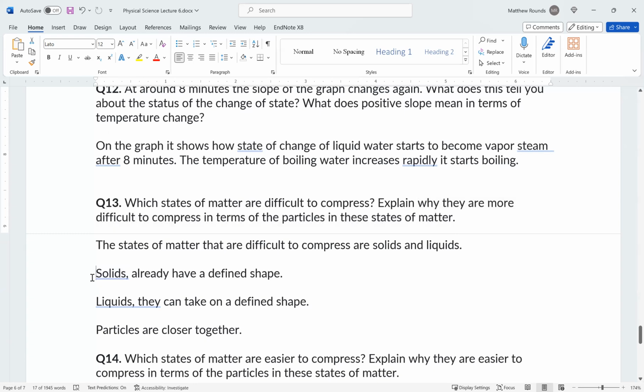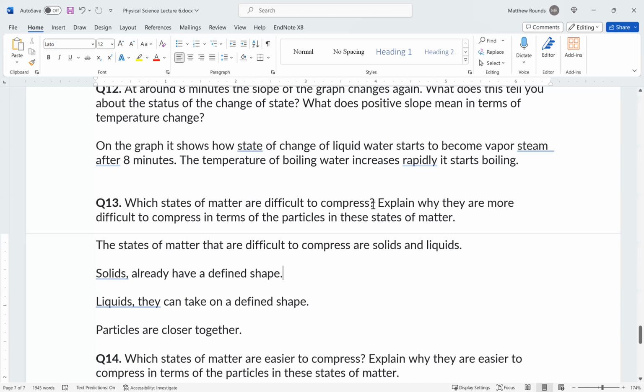Yeah. Okay, so solids have a defined shape. You can think of anything that you're looking at wherever you are right now. A solid has a defined shape. Liquids take on a defined shape when they're enclosed inside a solid. Like if you're drinking water, if you don't have the container, it will just spread out everywhere. And one of the reasons is because the particles are closer together.